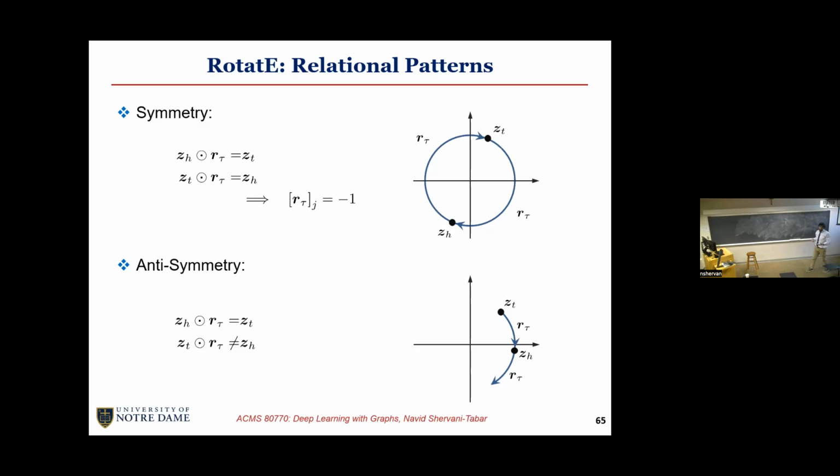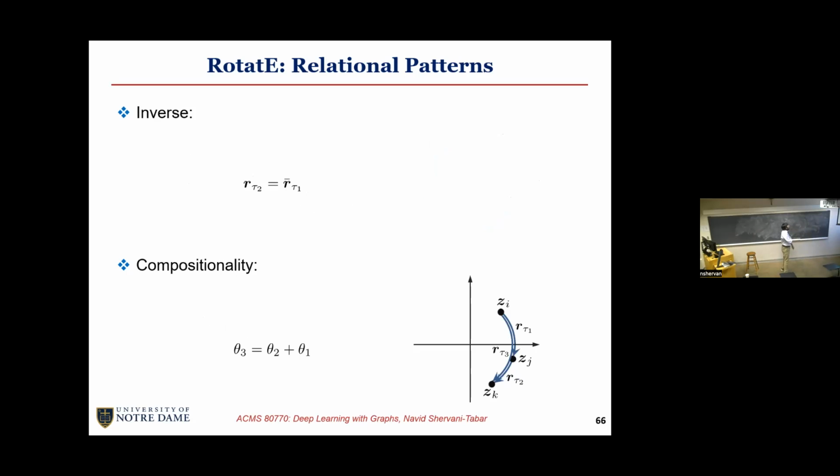And then you are again starting from ZH, you are rotating it with the same angle that you rotated ZT, but you're not at ZT anymore. So you're somewhere that is none of them, right? So we started from ZH using the same entity and relational embedding, and we got somewhere that is nothing essentially, which goes with the anti-symmetric logical pattern.